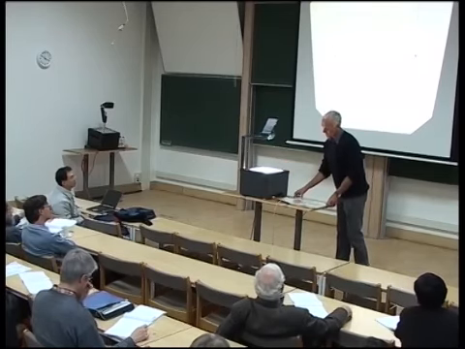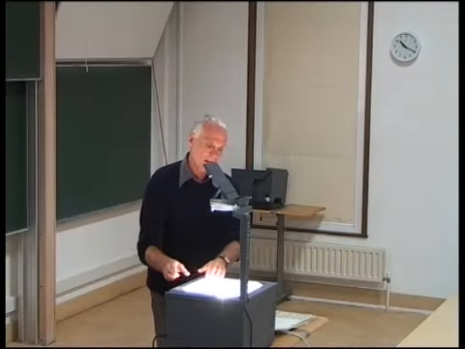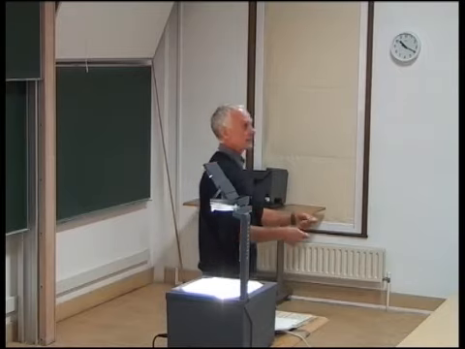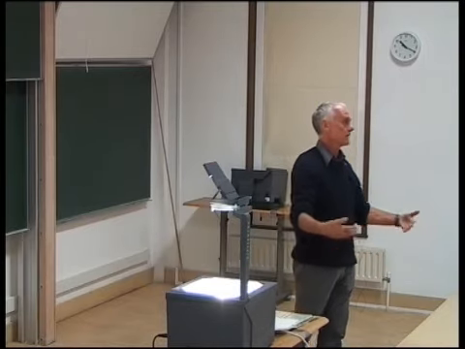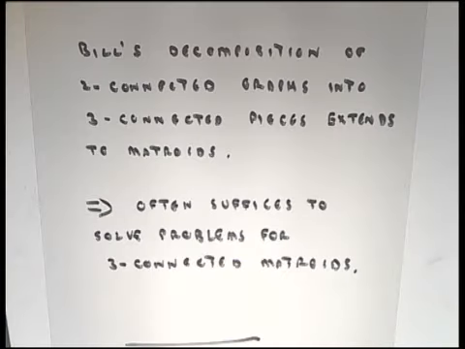All right. Another observation. We have two-connected matroids and three-connected matroids, which you want to think of as generalising two-connected graphs and three-connected graphs. Bill talked about the decomposition of two-connected graphs into three-connected pieces.